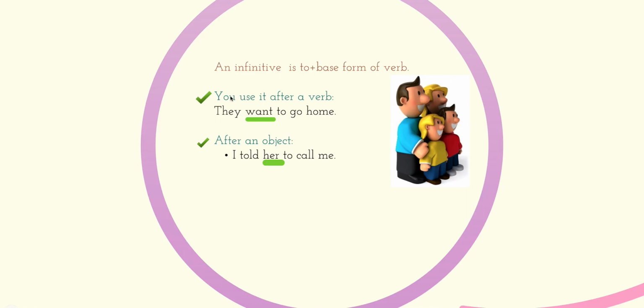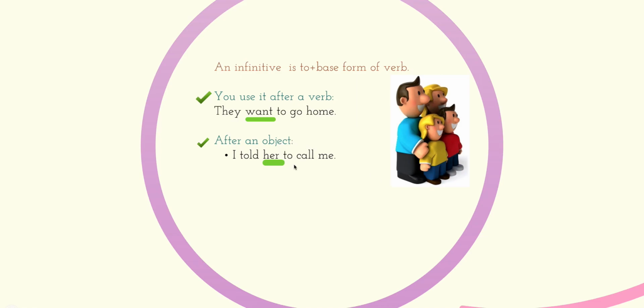Okay, let's continue. Second use, Mariana, please help me reading the second one. After an object. I told her to call me. After an object. As I am telling you, the object is the part that is going to complete the sentence. So, I told her, you have one action here, and then you just have to complete it, to call me.